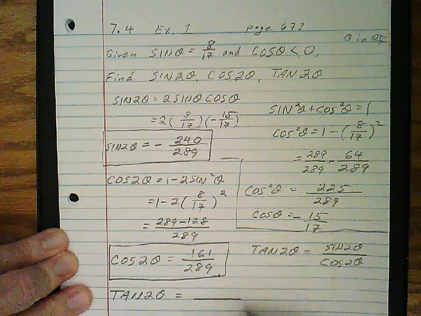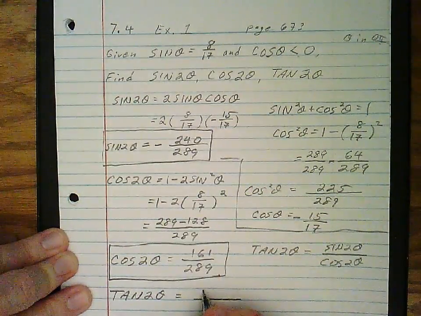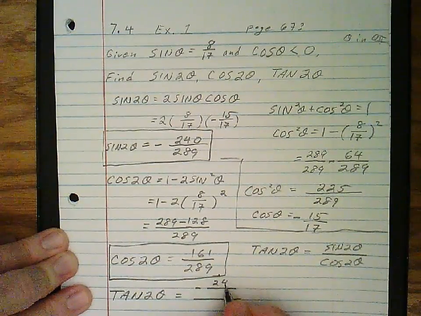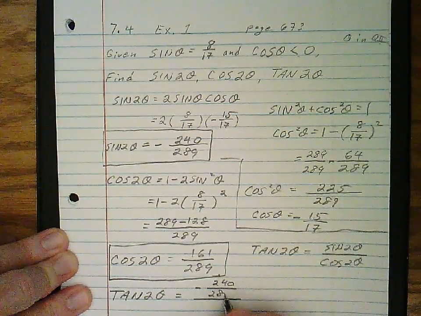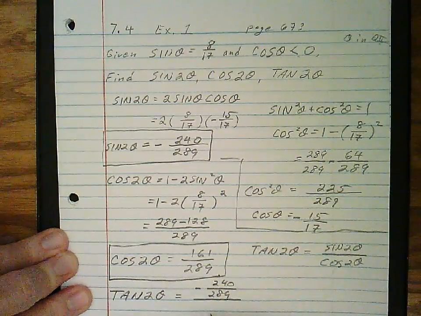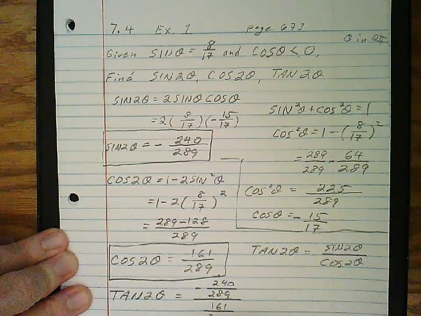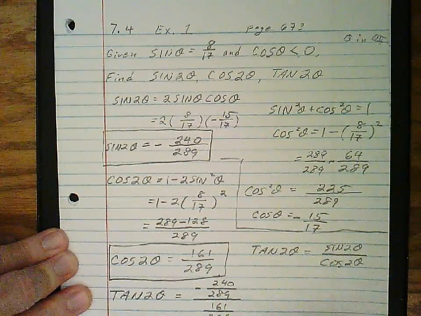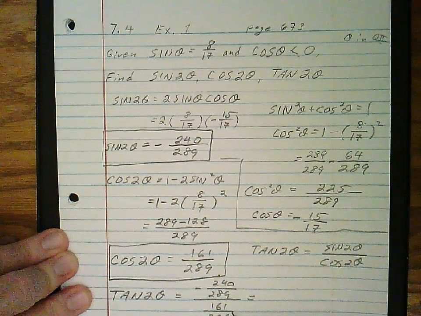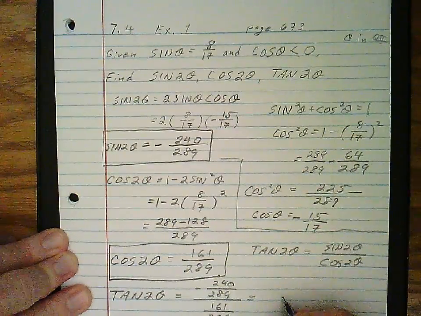and sine of a double angle was negative 240 over 289. So there's sine of a double angle. Cosine of a double angle is right here. That's 161 over 289. You should already be seeing, wow, this is going to work out really well. Because remember, dividing by a fraction is the same as multiplying by the reciprocal.